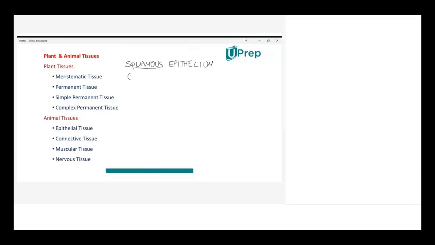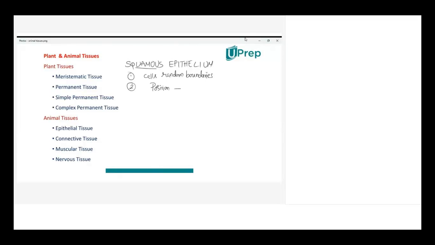Okay, take the squamous epithelium. The first foremost point is that the cells have random boundaries, meaning they have an indefinite shape. Now, where are they present?